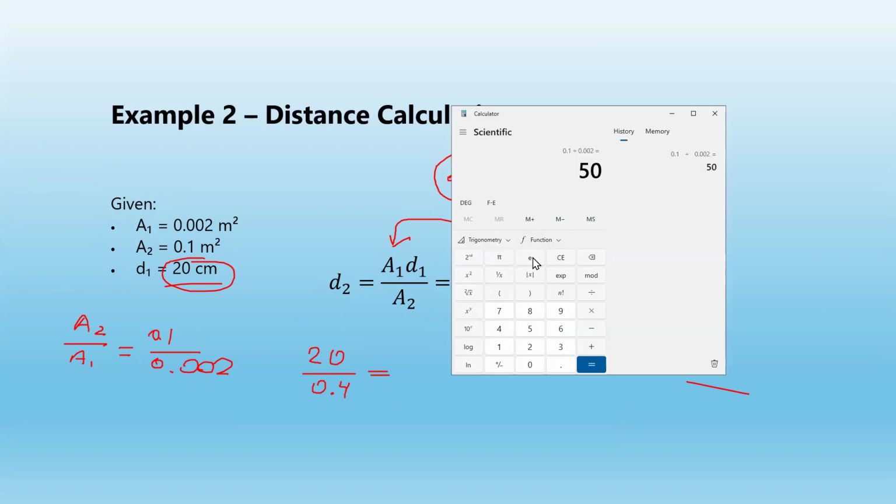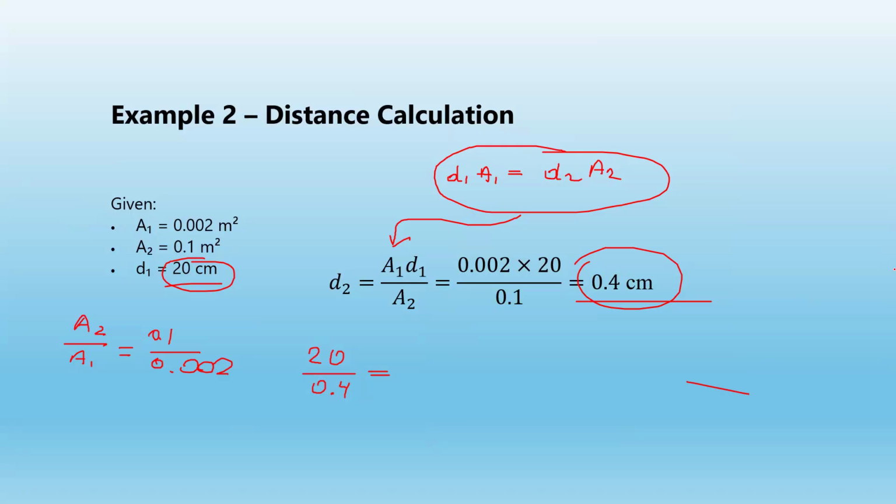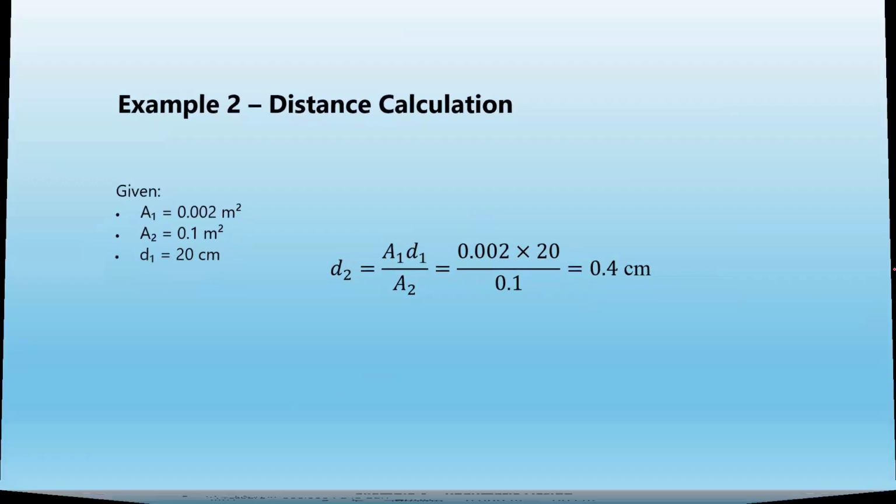I wonder what that's going to be. 20 divided by 0.4. Oh wow, magic, right? Okay, there we go.